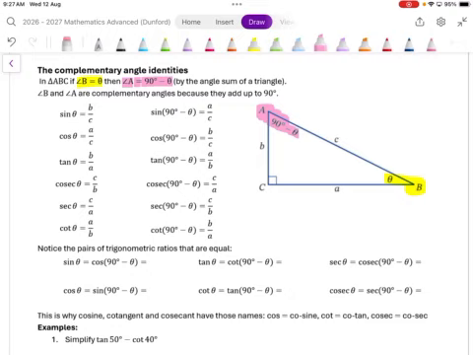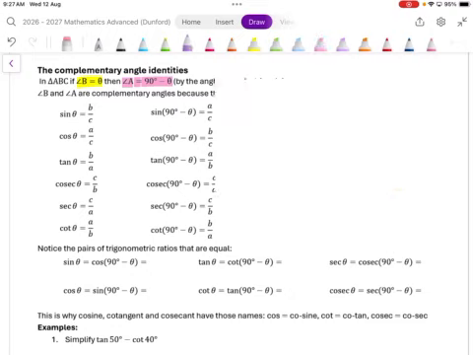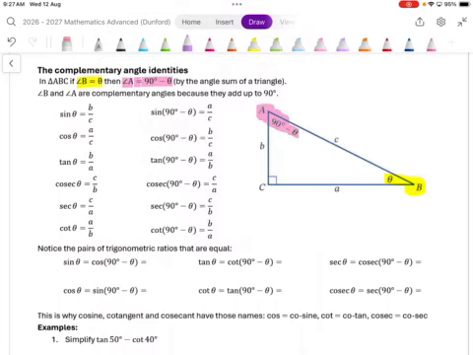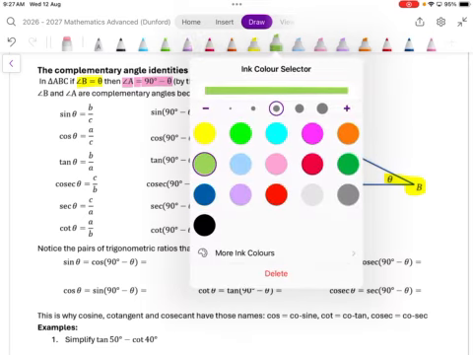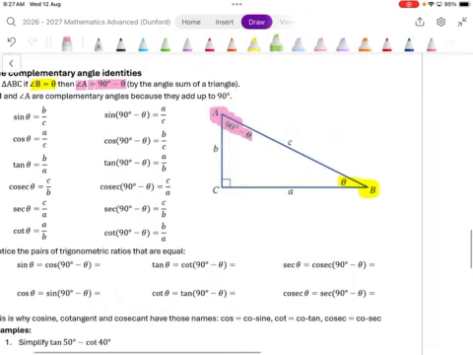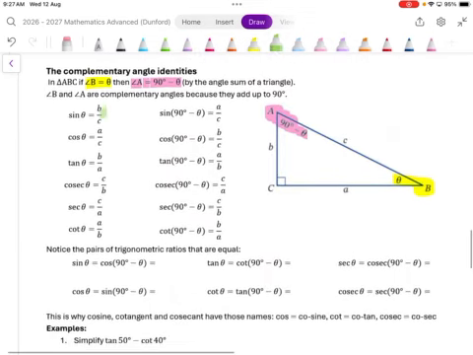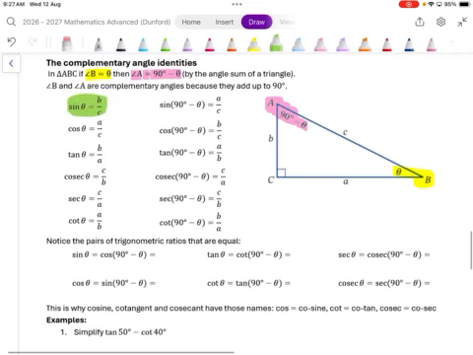If I was to quickly label my triangle, well, actually we can't label the triangle because we have different things. But if I look at sine theta, it is equal to our opposite over our hypotenuse, which is B on C. Then cos 90 minus theta is our adjacent over our hypotenuse, which is B on C as well.